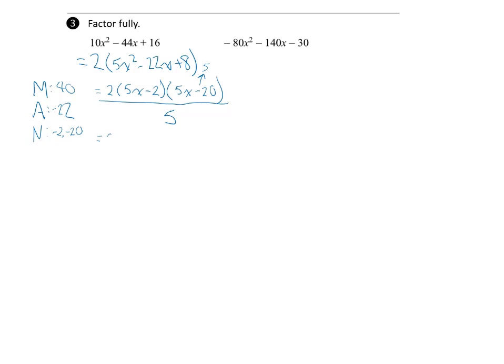And this works out really nicely because we have 2 times 5 now. Then 5x minus 2. Then x minus 4. All over 5. But we can cancel out these 5's because 5 divided by 5 is just 1. And then we're left with the exact same answer we had before. Oh, that's 2, not a 3. X minus 4. Perfect.